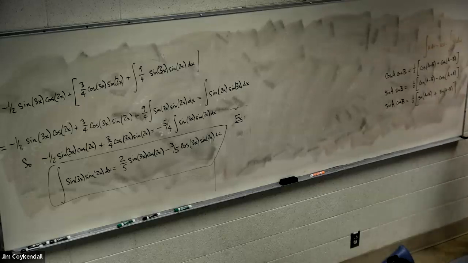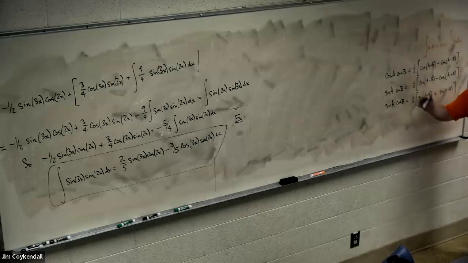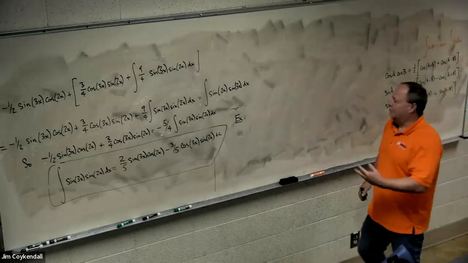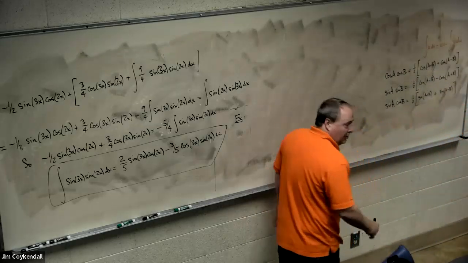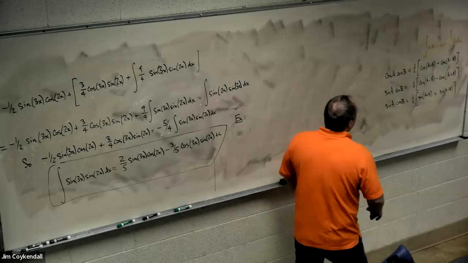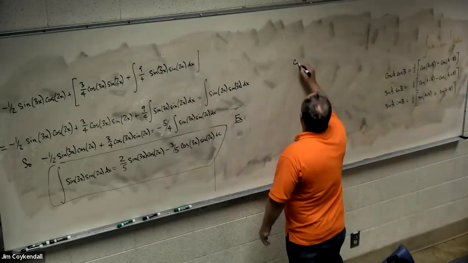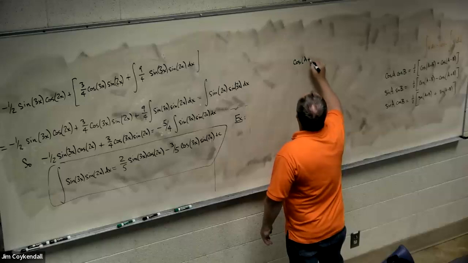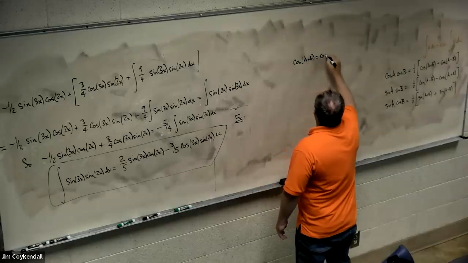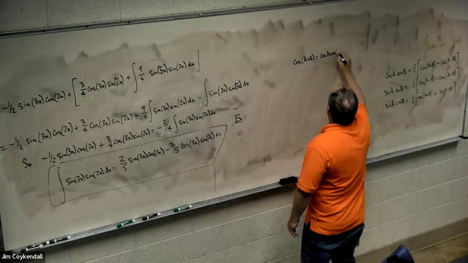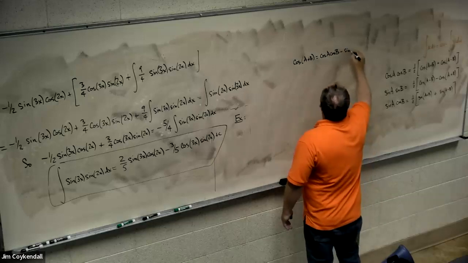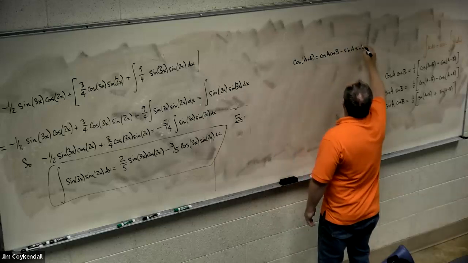These are trig identities that you may have seen in trigonometry before, and you can certainly find them in here. Here's where this comes from, for example. Let me show you, I'm not just pulling this out of thin air. You all remember that cosine of A plus B is cosine A cosine B minus sine A sine B, right?